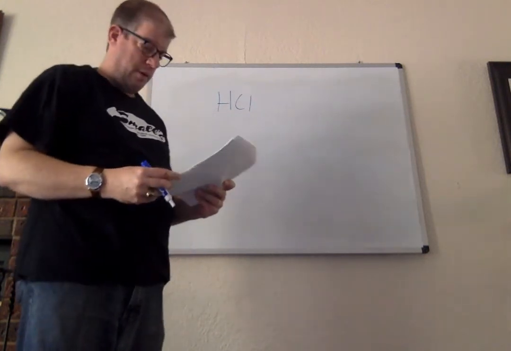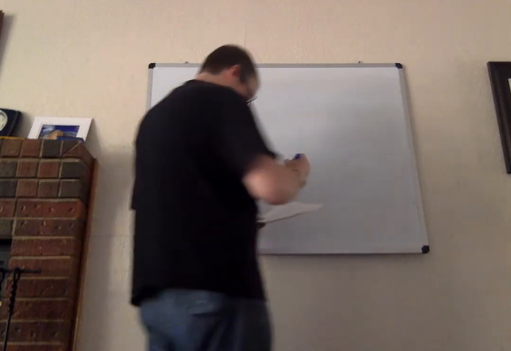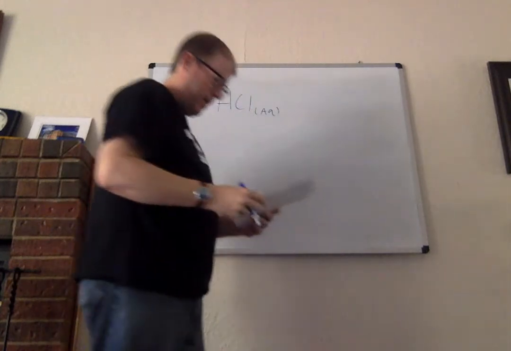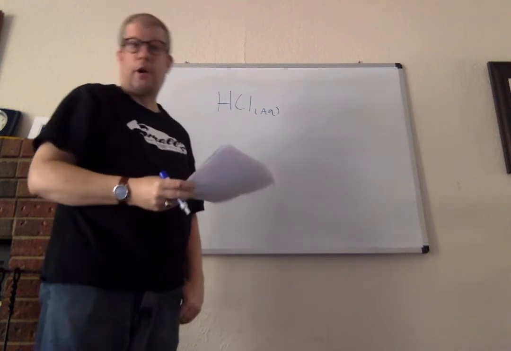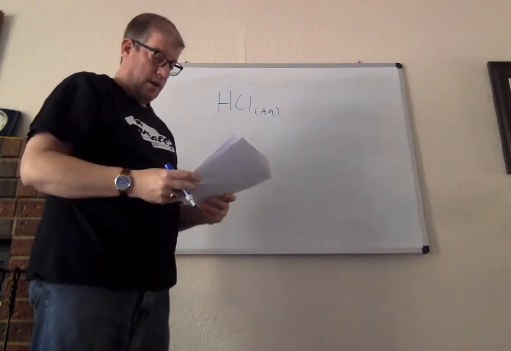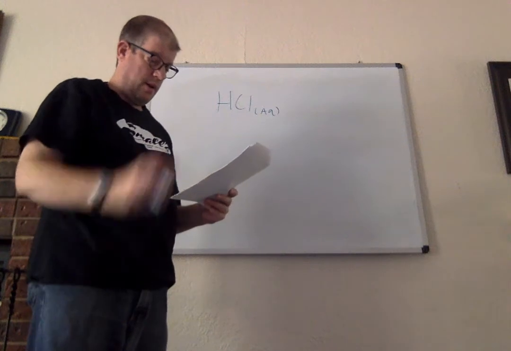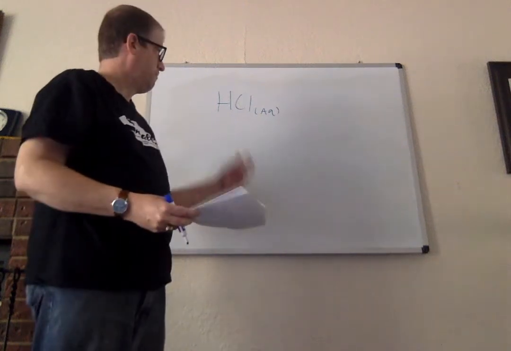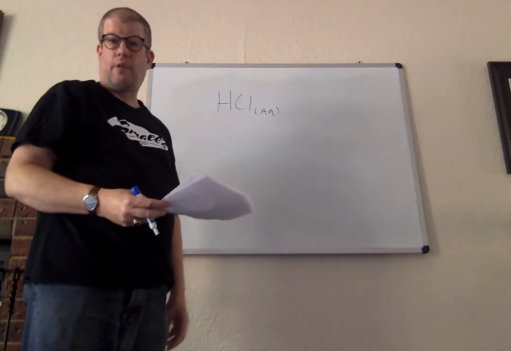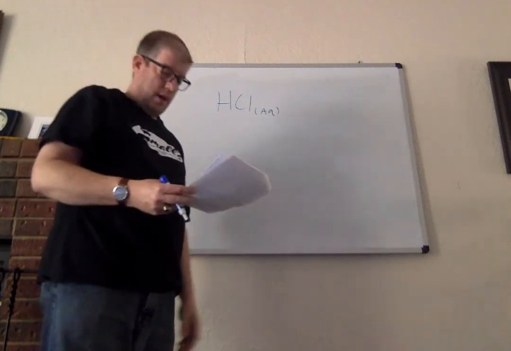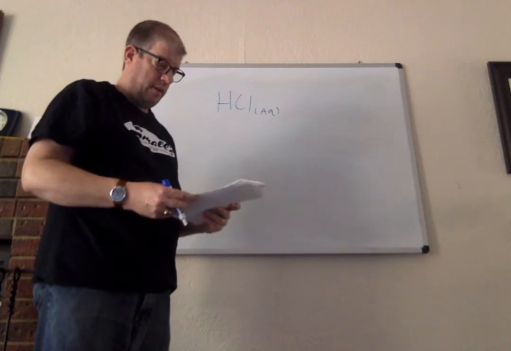If you put it in water, it is hydrochloric acid. This is a very, very strong acid. It's completely dissociated in water, and again, the chlorine never gets reprotonated. So this is one of the stronger mineral acids out there. And of course, we'll use this for a whole bunch of different things.